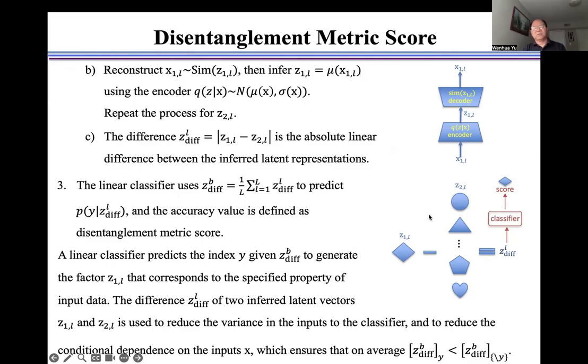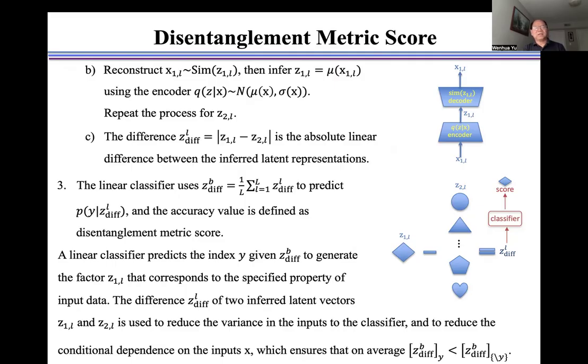as shown here. A linear classifier predicts the index Y given ZB to generate the factor Z1 that corresponds to the specified property of the input data.